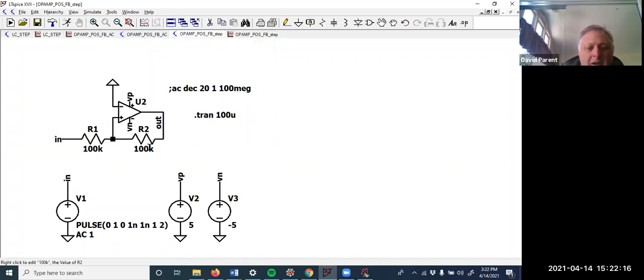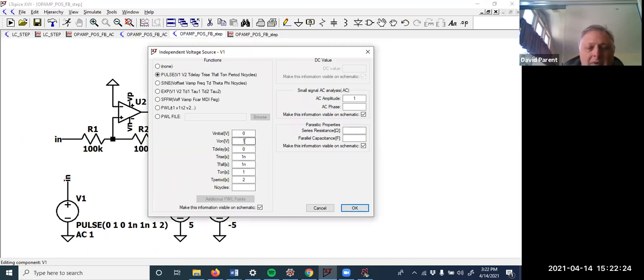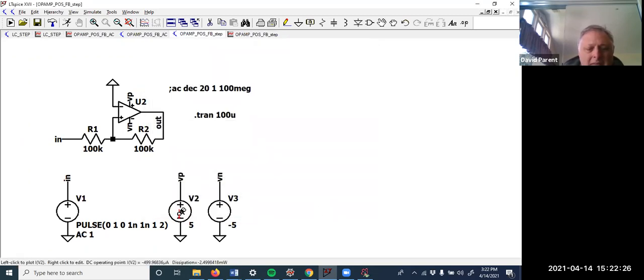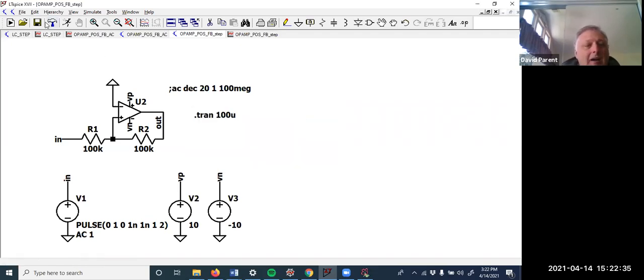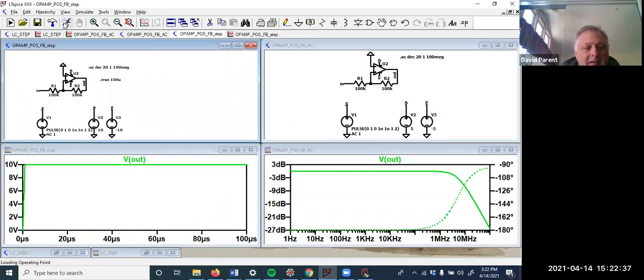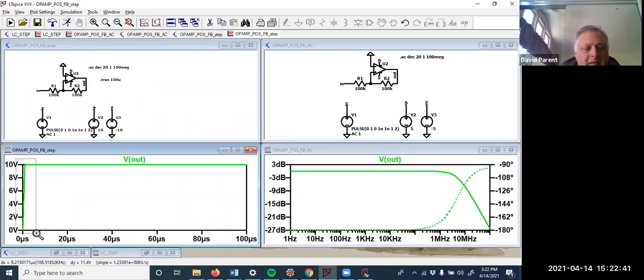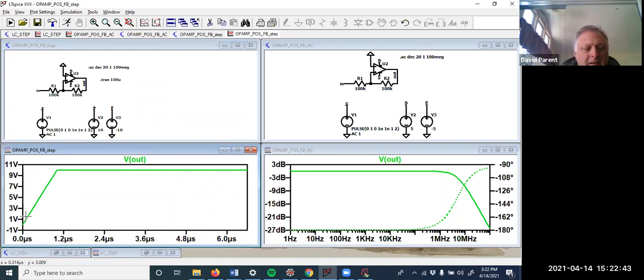But no, I mean, this should have given me a gain of 1. Did I put in the wrong thing here? No, the step is 1. Maybe I set the power supply wrong. Let me go from plus or minus 10. Huh. Goes to 10. And it just goes up there kind of no matter what I do.